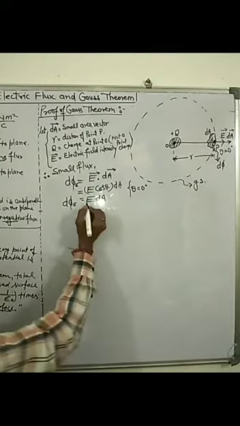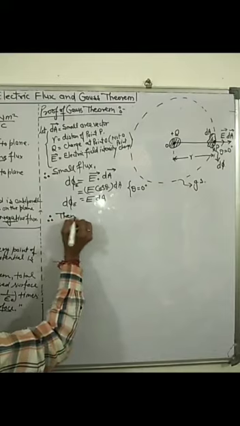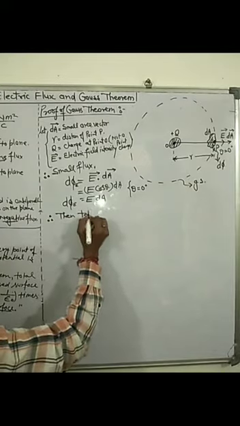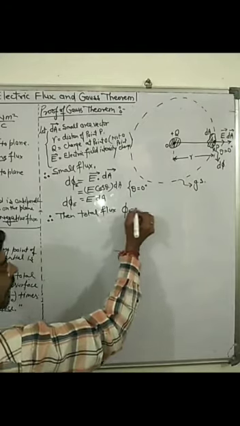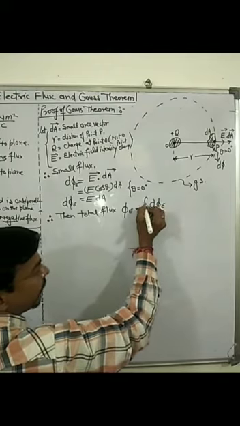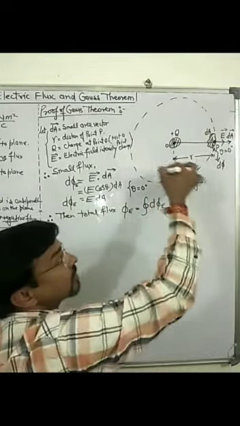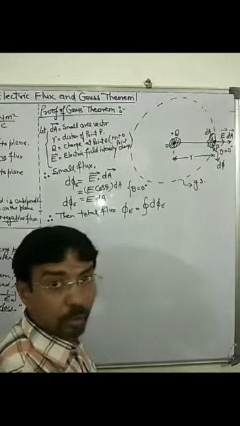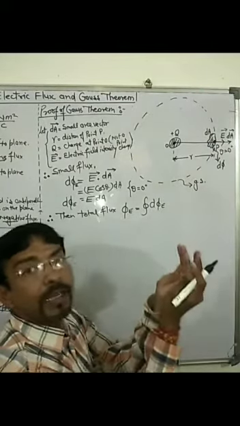Now what will be the total flux? Then total flux phi can be written as the integration of d phi, and it will be a cyclic, closed integration, because that particular Gaussian surface is a closed surface, not an open surface like a sheet, like my palm. It is a closed surface like a sphere.